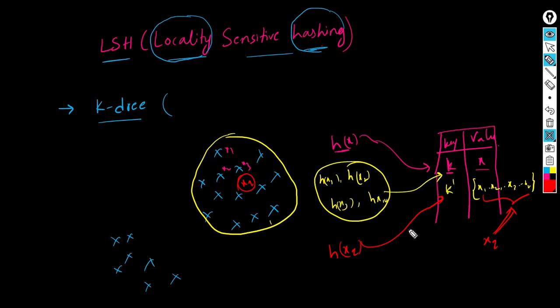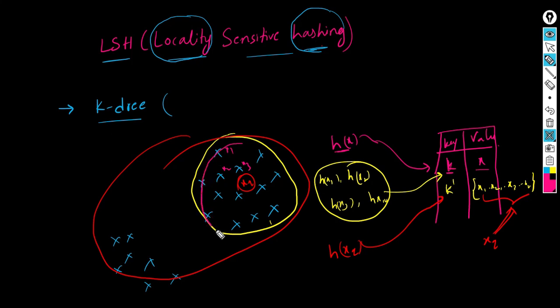This way, instead of finding the distance from all the points in the data, we only find the distance within this group, that means this box. This is the main thing.